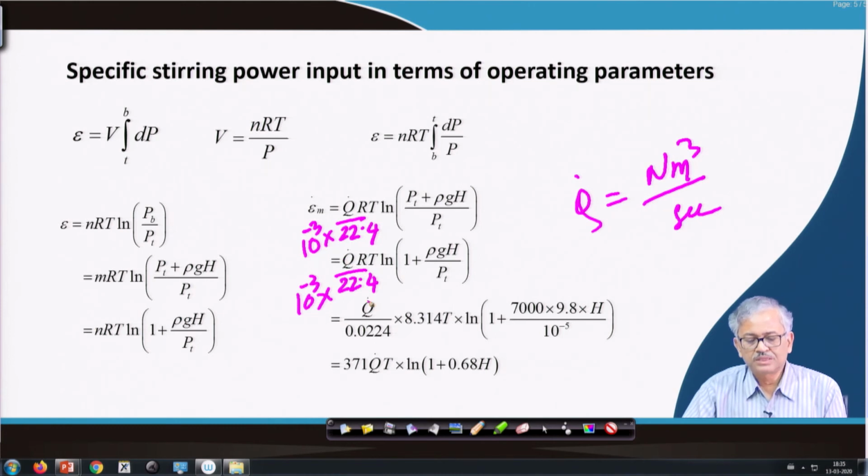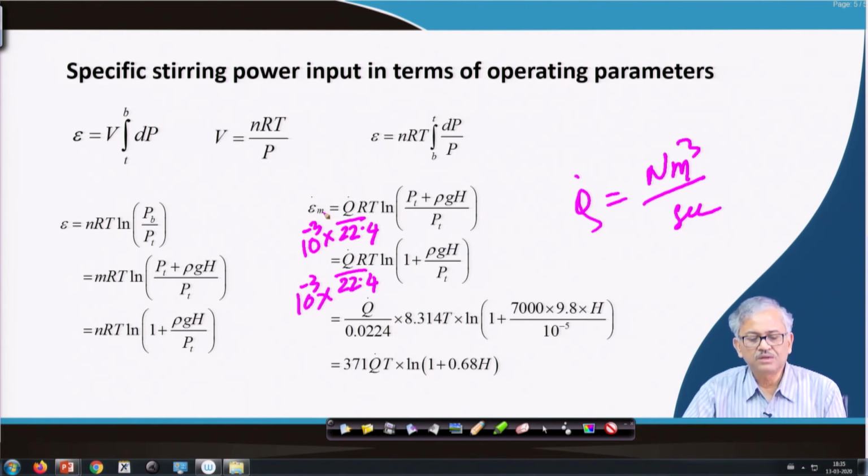Then there is Q dot by this, and RT, where R is 8.314 joules per mole Kelvin, and also rho density is 7000 kg per meter cube, g is 9.8 meter per second squared, and h is in meter, then it will be in Pascal, and the top pressure is 1 atmospheric pressure in Pascal. Everything is in MKS unit, and then you can convert it to this correlation.